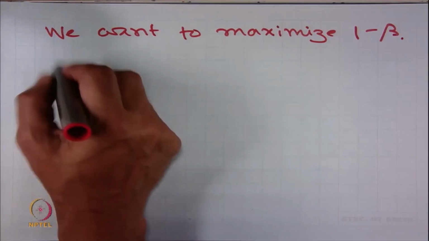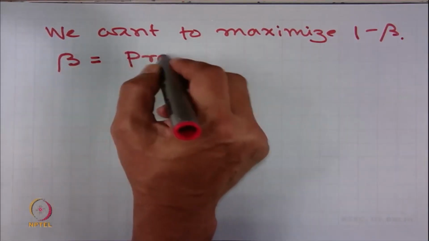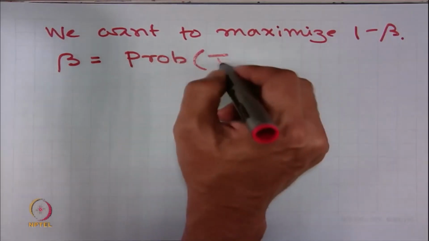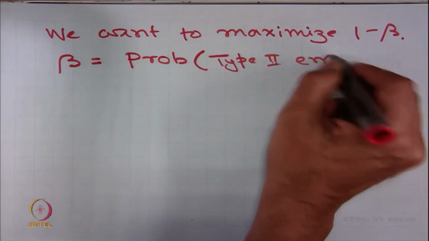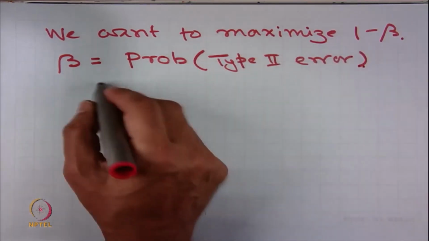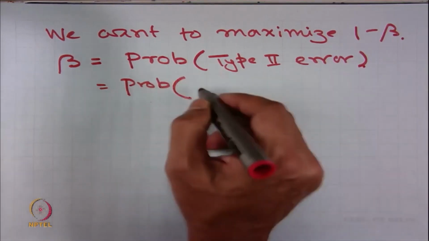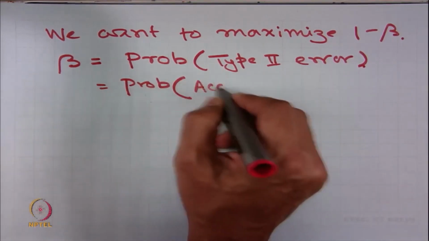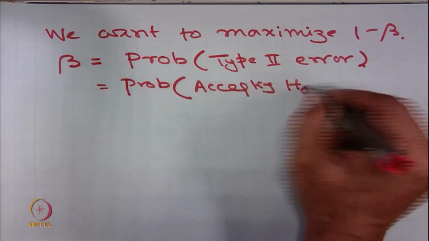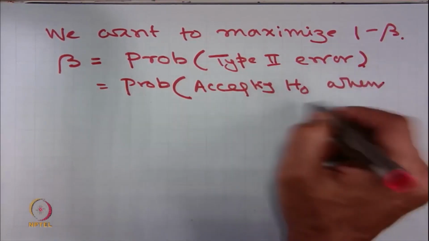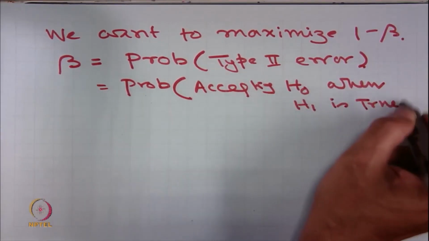What is beta? Beta is the probability of type 2 error, which is the probability of accepting H naught when H1 is true.